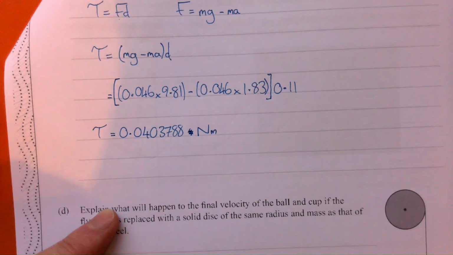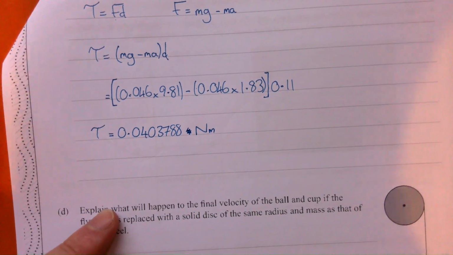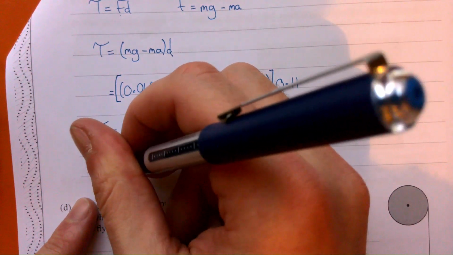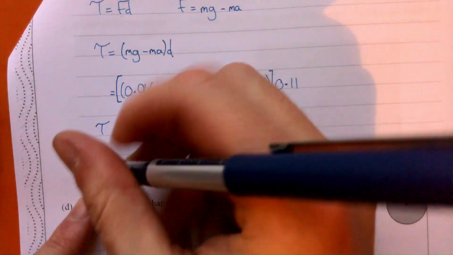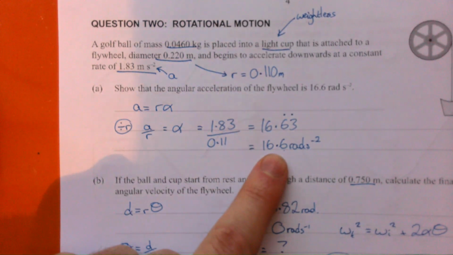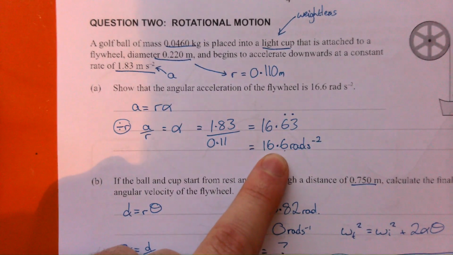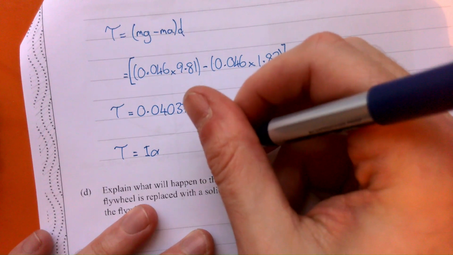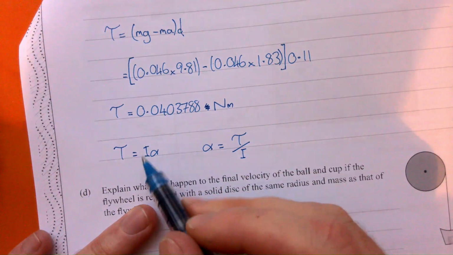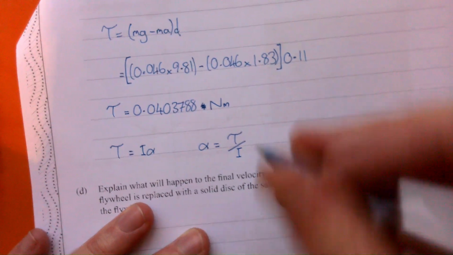That's our unit. Now we didn't want to find the torque, we wanted to find the rotational inertia. So using our second torque equation, we have tau is equal to I alpha. Our alpha is what we calculated in part A as 16.6. And so we're going to do I is equal to tau divided by alpha.